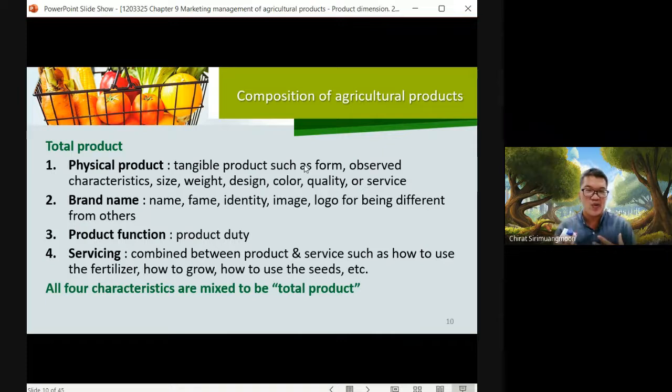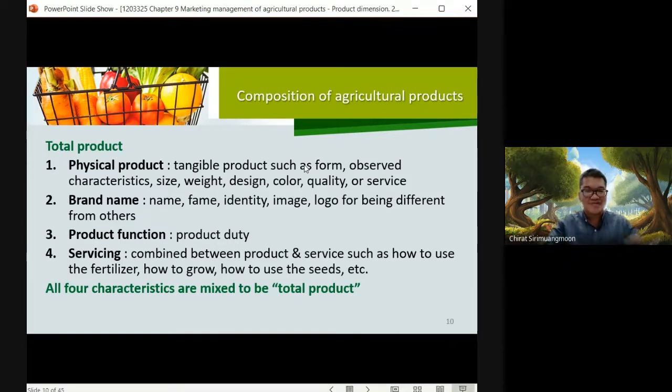Of course, you already know what it is. But it's important in some cases, like when the product is very new and you need some advice from the salesperson. They say, okay, this is the soy milk that provides your immune system, it can protect you from covid-19. So this is servicing.